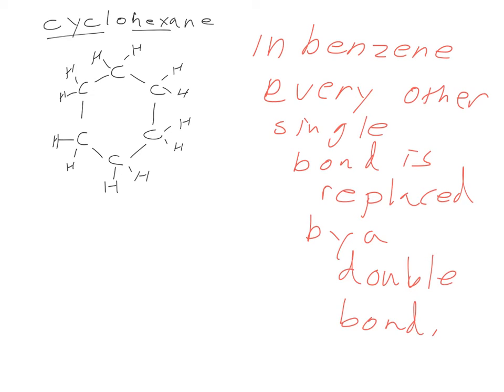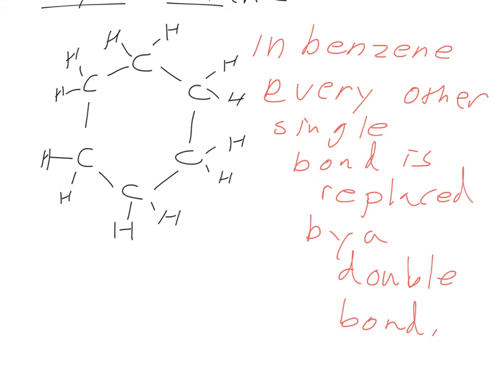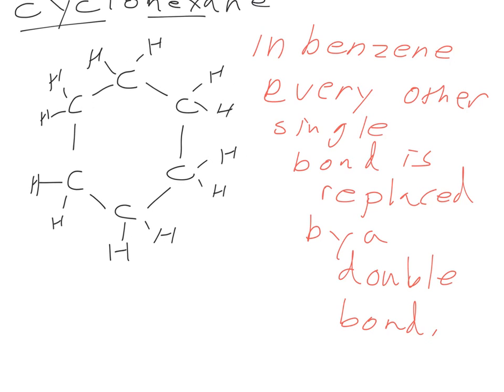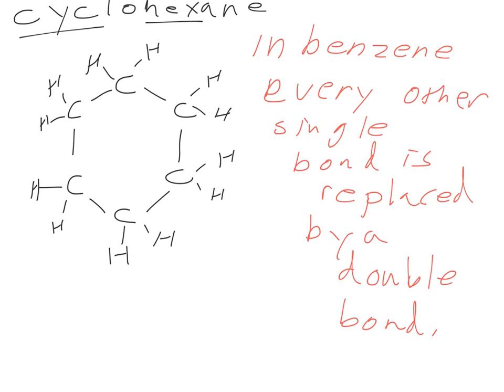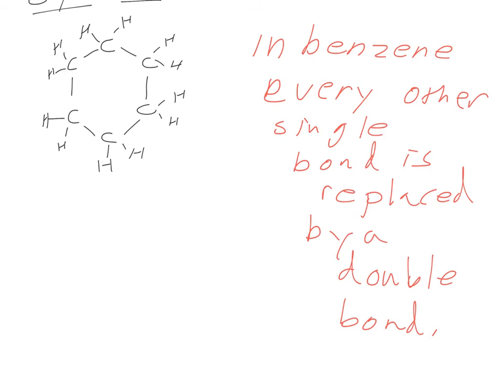In benzene, you take the hexane molecule and you replace every other single bond with a double bond. So we've got our cyclohexane over here, and what we're going to do is replace every other single bond with a double bond. So let's draw that skeleton again of cyclohexane.